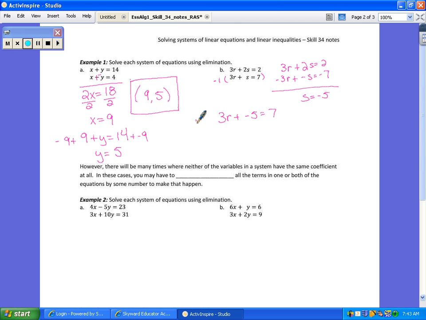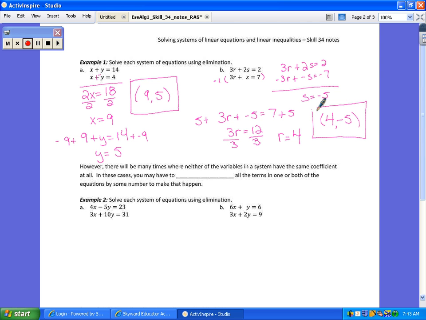So I'm going to add a 5 to both sides, and I get 3r equals 12. Then divide both sides by 3, and I get r equals 4. And once again, they need to be back in an ordered pair alphabetically. So alphabetically, it would be r, s, or 4, negative 5.